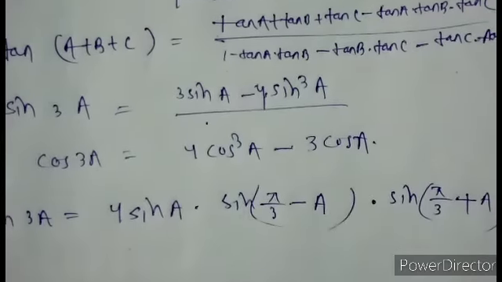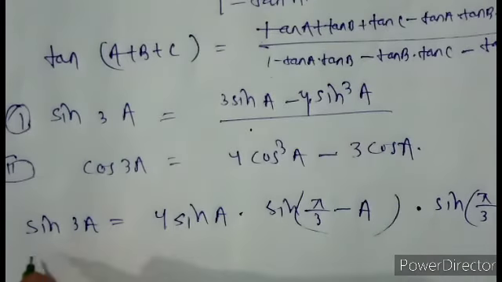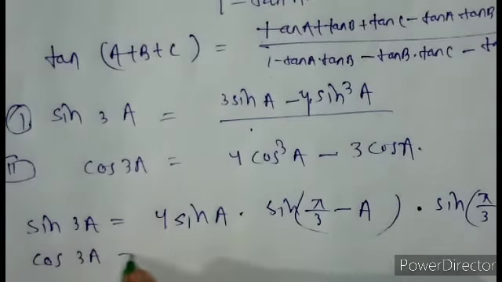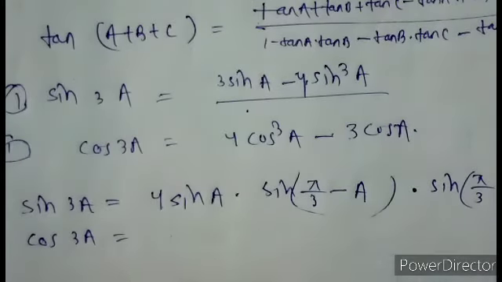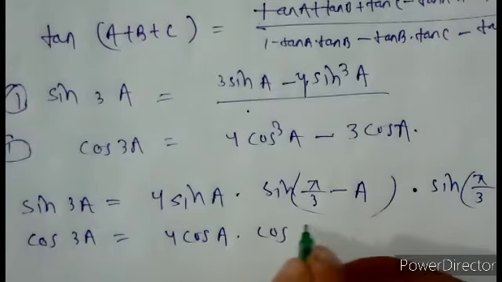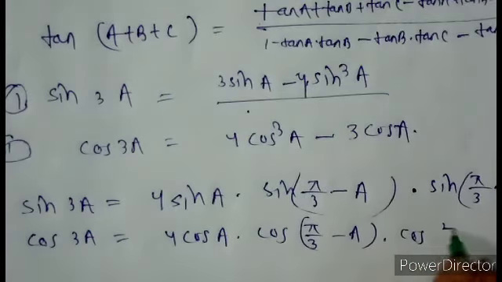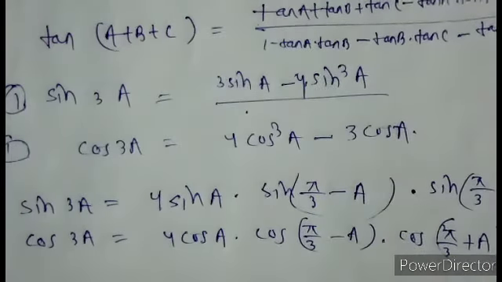This is another formula of sin 3A. Also we will write cos 3A is equal to 4 cos A multiplied with cos(π/3 minus A) multiplied with cos(π/3 plus A).